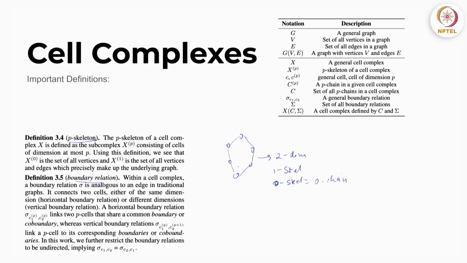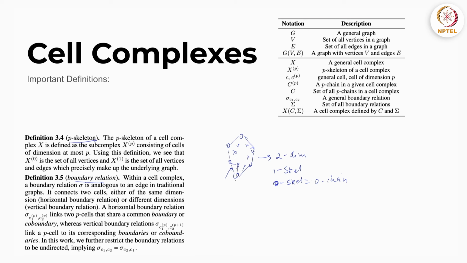So a boundary relation, in very simple terms, I know there's a lot written here, but in very simple terms, it's just the analog of an edge in a graph. Here, since we represent edges as one cells and as their own entities, they are no longer just connections as they were in graphs.